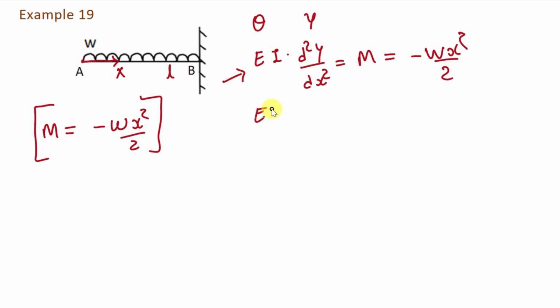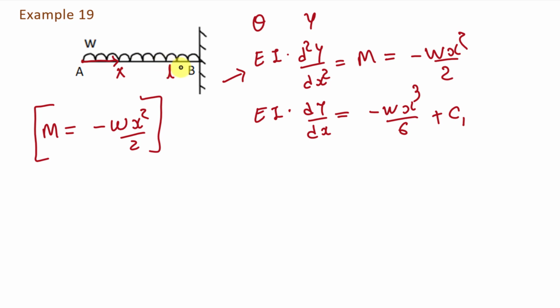So it will be EI dy/dx, that is the integration of d²y/dx², which is equal to the integration of this term, that is minus wx³/6, plus a constant of integration. Let's say this constant is C1.